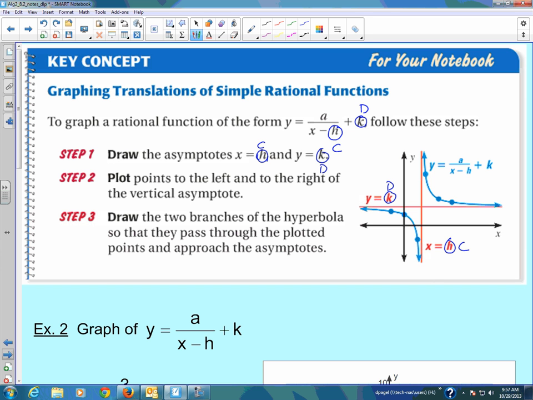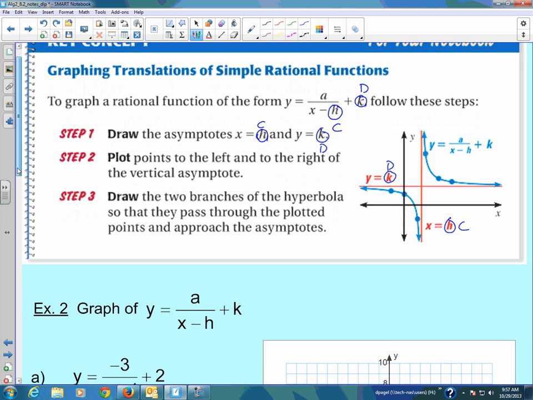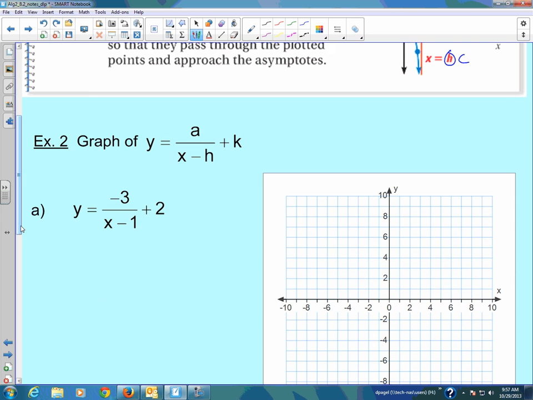You'll notice that this rational function looks a little different. It's got a binomial down in the denominator. And then, separate from the quotient part of the rational function, is this constant that in this case is being added, but it could also be subtracted.